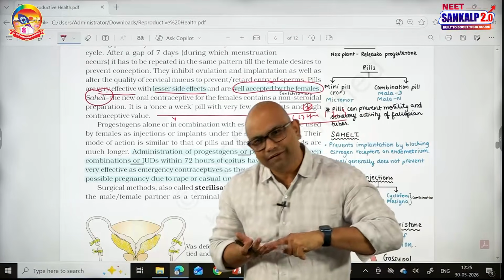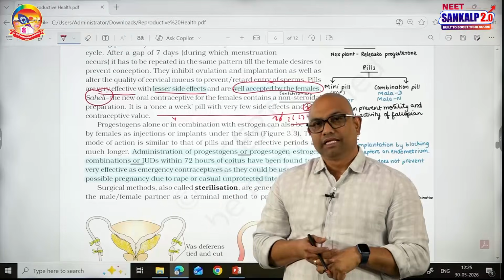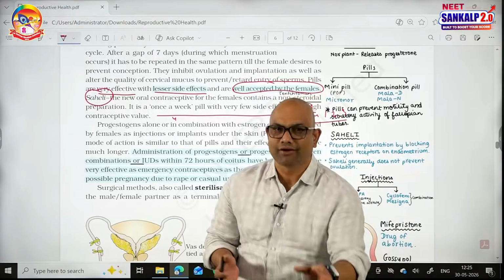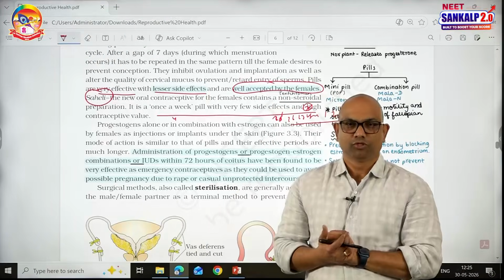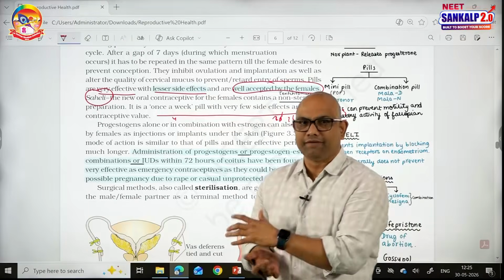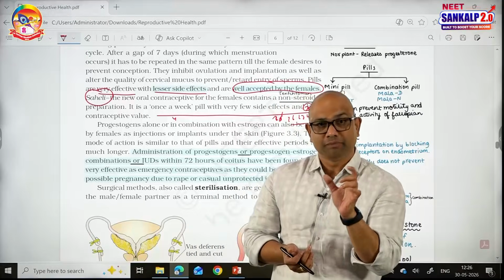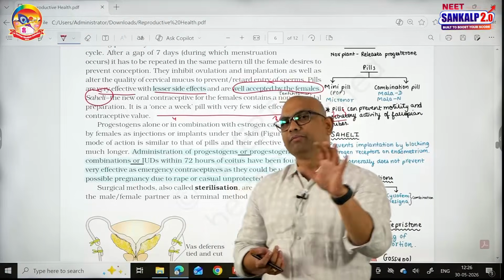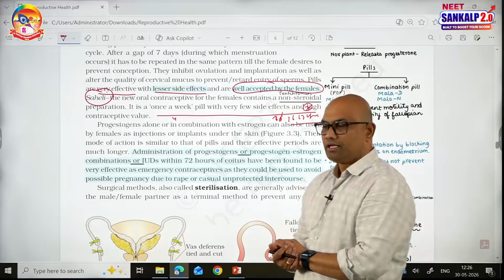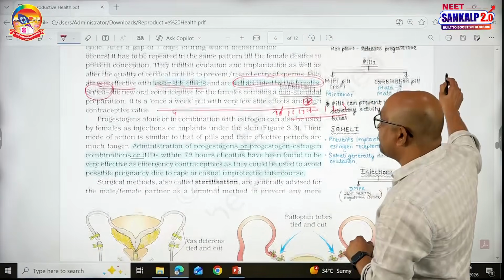It is highly effective, no doubt, with the least side effects because no steroids are used in this preparation. So the name of the drug is centroman, the name of the pill is Saheli, a once a week pill developed by the CDRI Lucknow. Let us talk about injectables and implants.